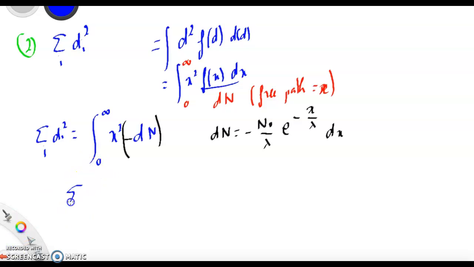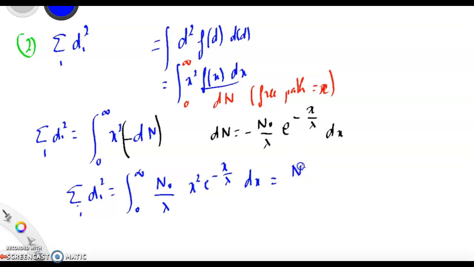And then my sum over i of di squared is simply equal to the integral from 0 to infinity of n0, which is the total number of collisions, divided by lambda times x squared e to the minus x over lambda dx, and that's equal to n0 over lambda times the integral from 0 to infinity of x squared e to the minus x over lambda dx.